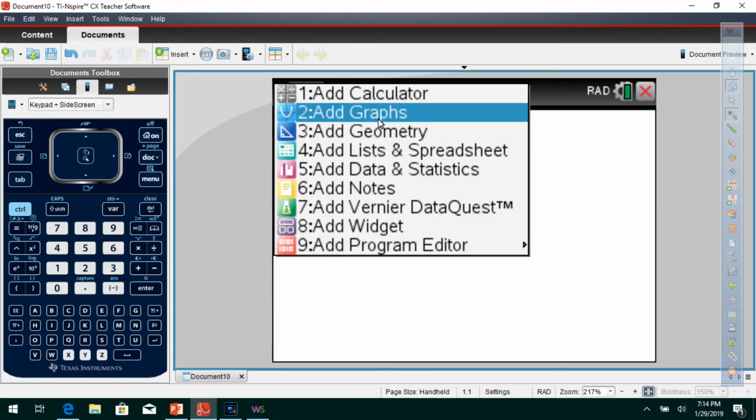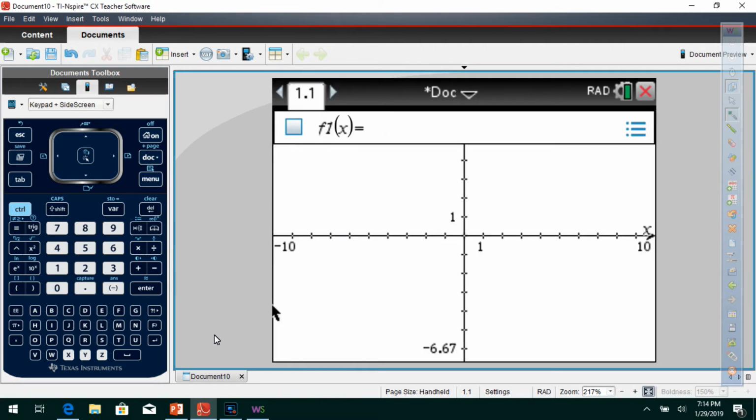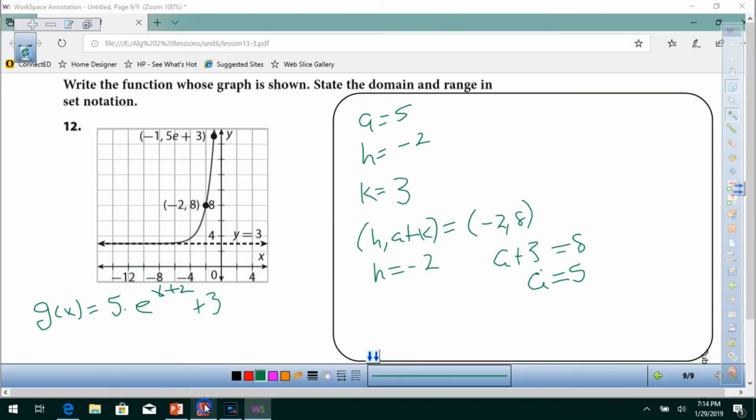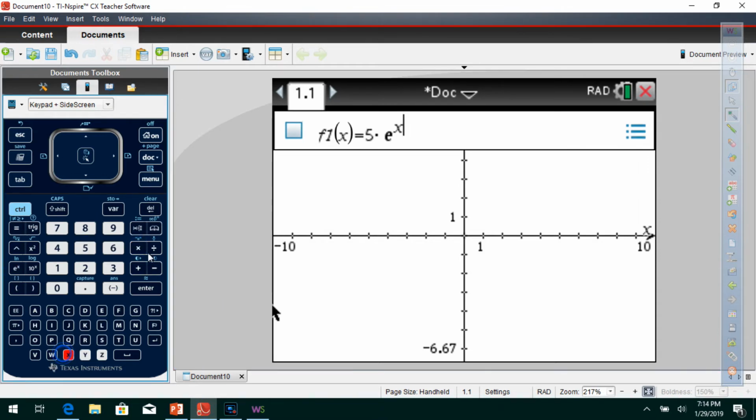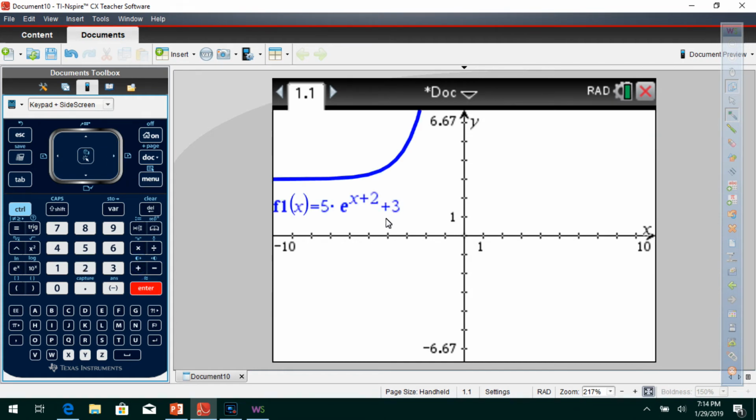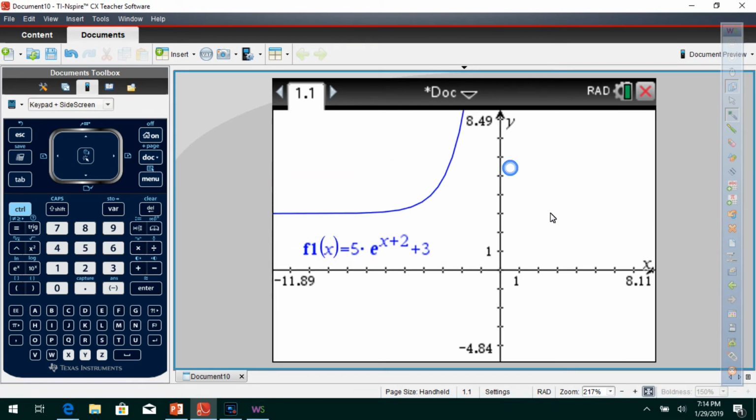No. Graphs. And then I have 5 times e to the X plus 2, and then plus 3. And there it is. Well, that looks pretty good.